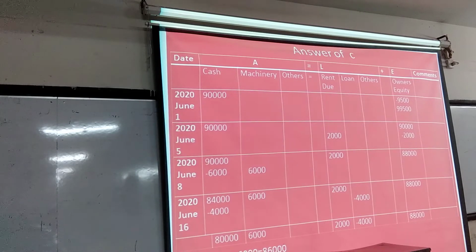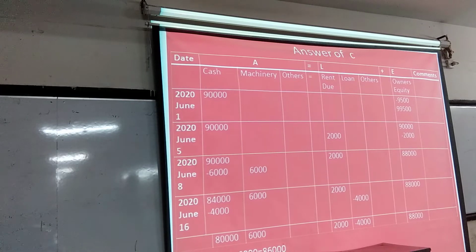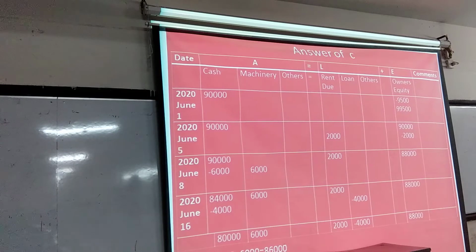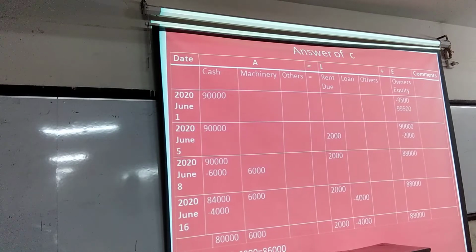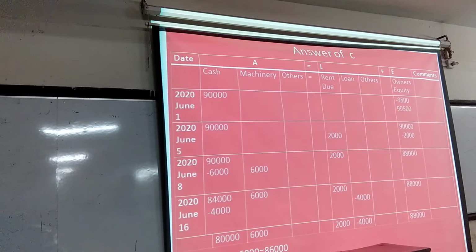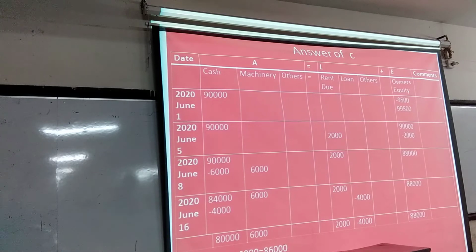Next, June 8th, machinery purchase. Cash will be decreased. As a result, in cash column minus 6,000 and machinery will be increased. As a result, machinery column 6,000 will be plus. Okay.